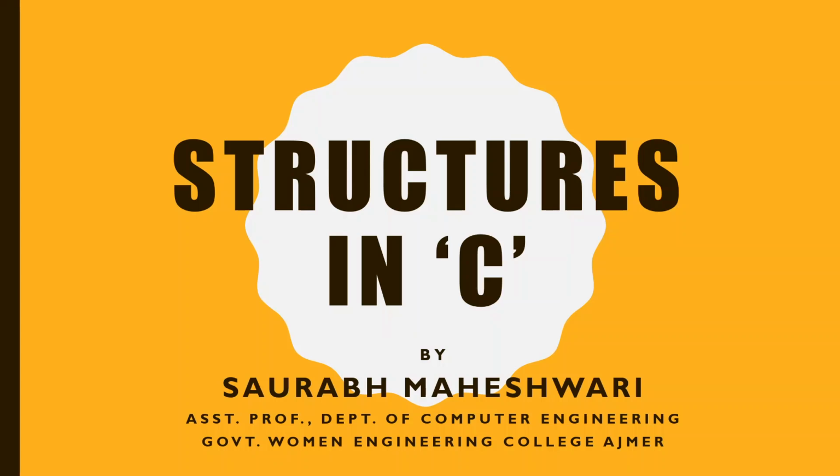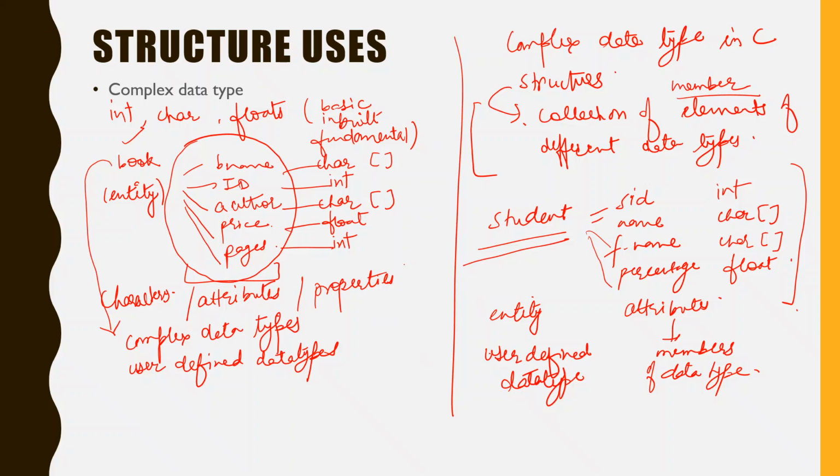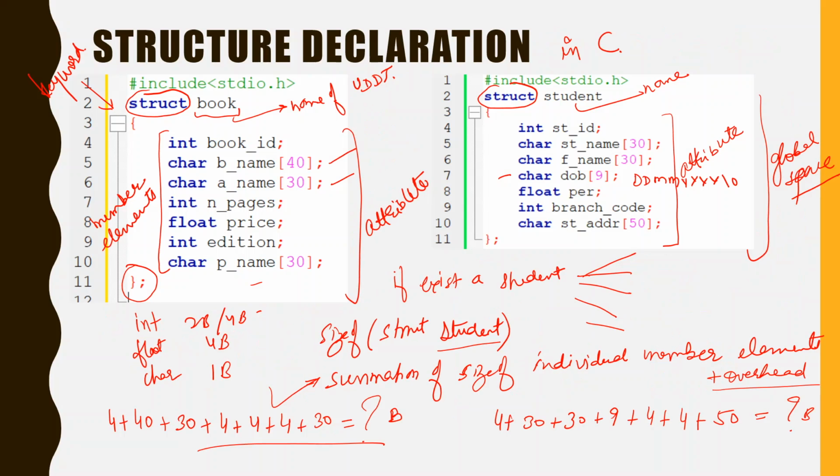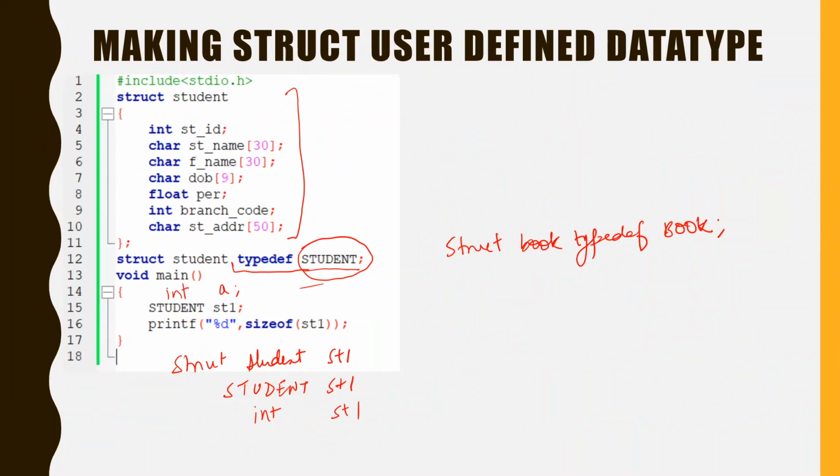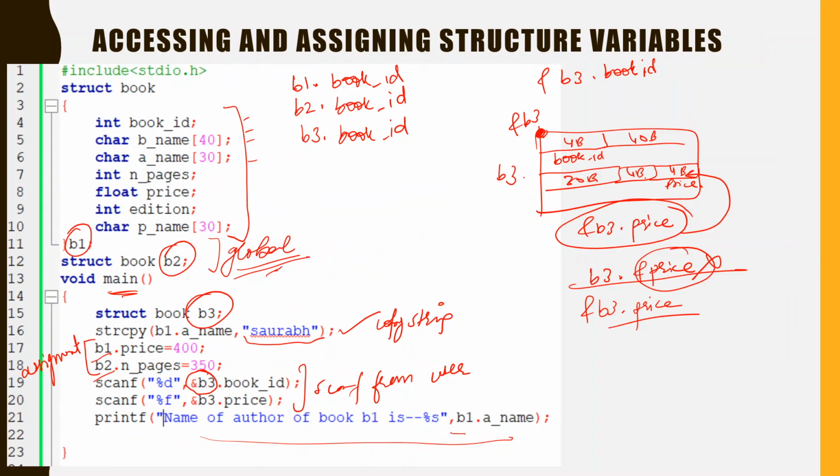We are doing the topic structures, and by means of structure we can create some complex data type in C programming. These data types may include multiple elements, multiple members of fundamental data types. So in the previous video we saw how to declare structures and how to create structure variables, how to access them, how to make the structure a user defined data type.